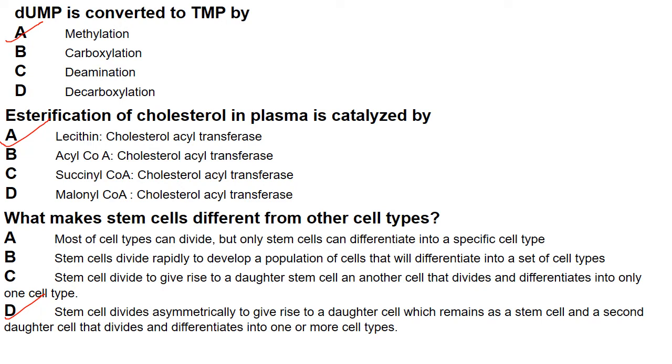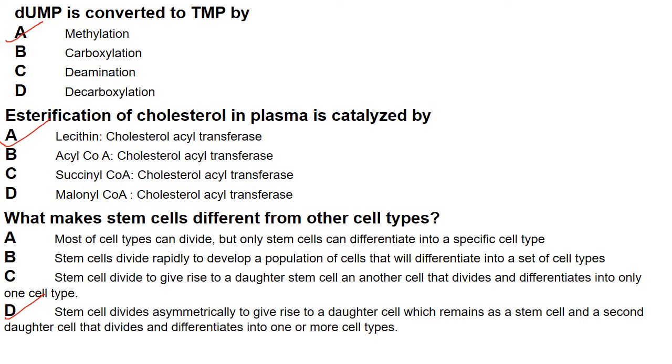Esterification of cholesterol in plasma is catalyzed by? Plasma cholesterol esterification is catalyzed by the action of lecithin cholesterol acyl transferase on lipids on the surface of high density lipoproteins. So the answer here is option A, that is lecithin cholesterol acyl transferase.